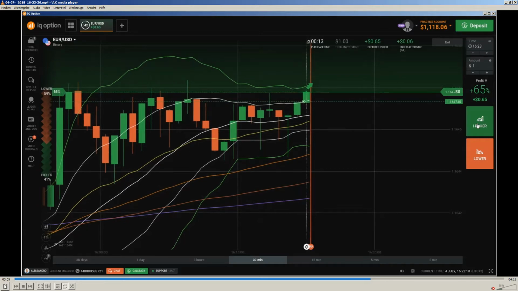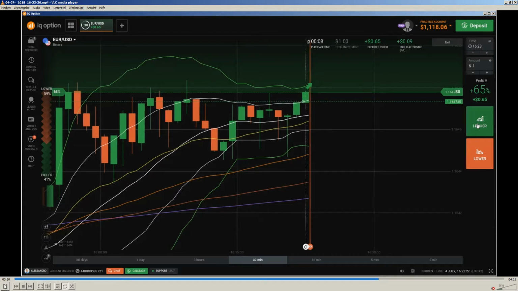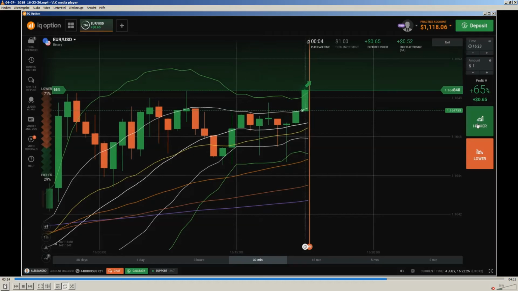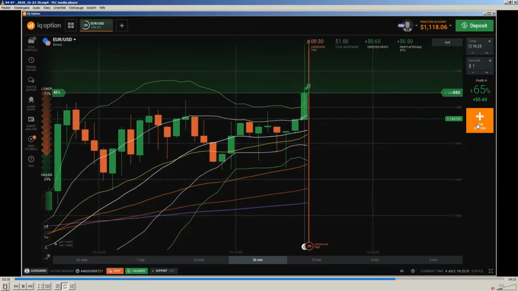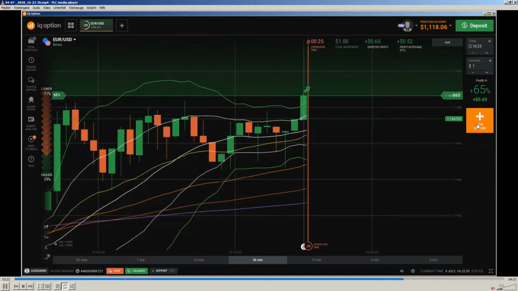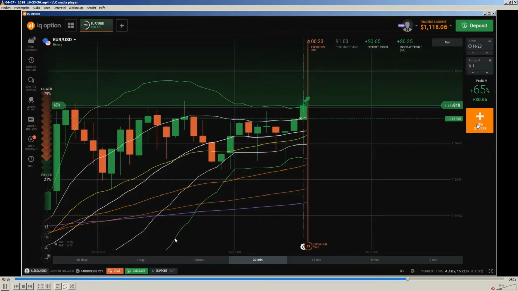And you see I entered here into a call because I understood that price would break out. You see also the Bollinger Bands are getting wider, and the upward movement is a strong one, because now the price broke out, and that is because I have done this trade in confluence with this major uptrend.